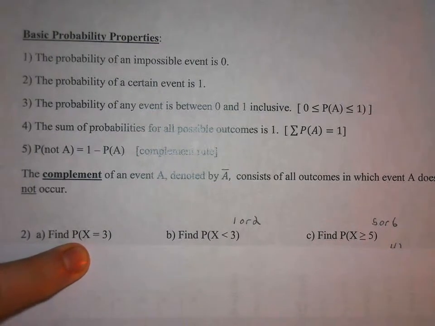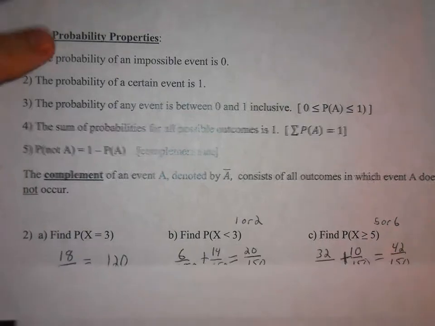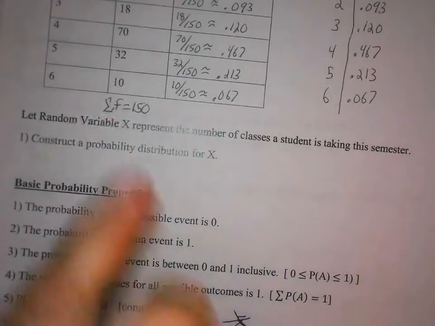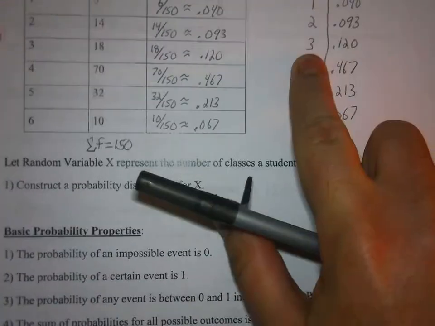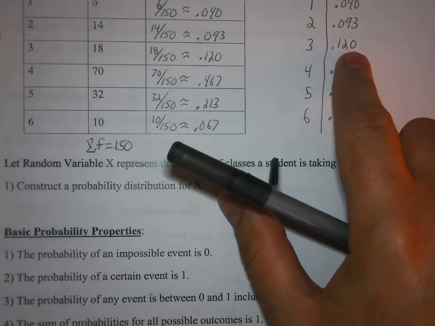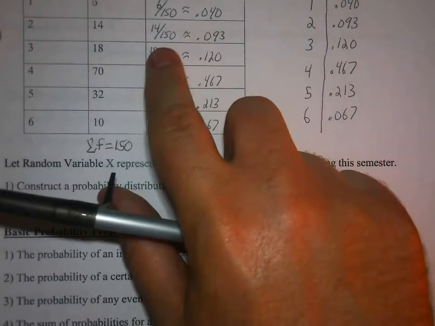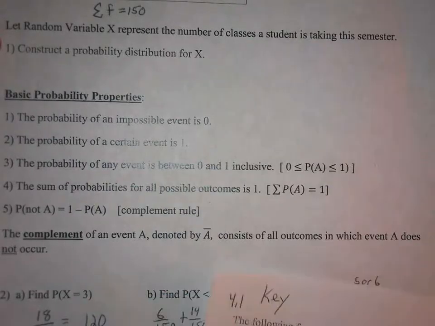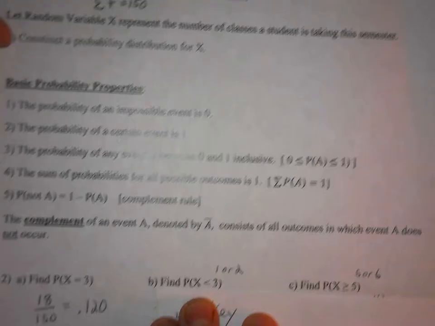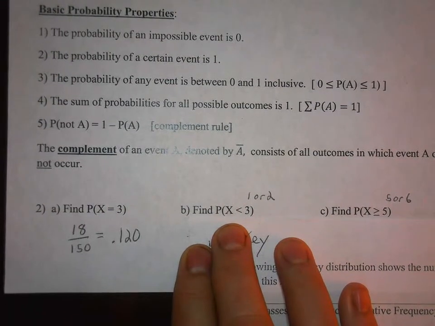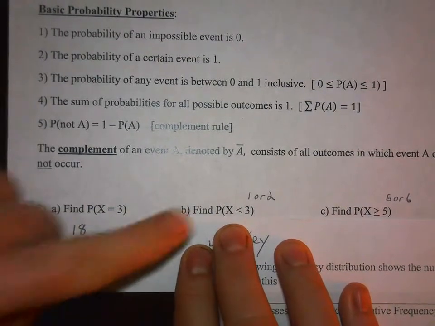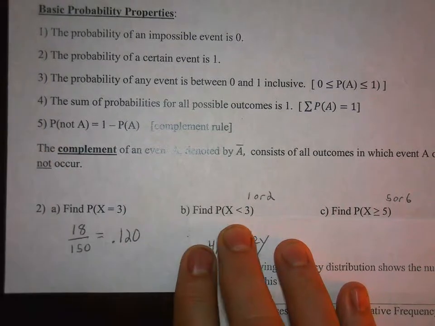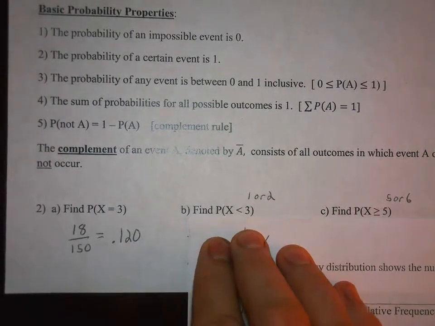If we go back to our probability distribution, the probability that x equals 3 is 0.120, which was 18 out of 150. The probability that x is less than 3: if x is less than 3, that means they could have said they're taking 1 or 2 classes.